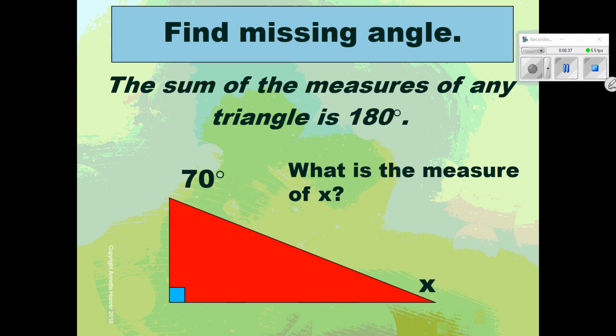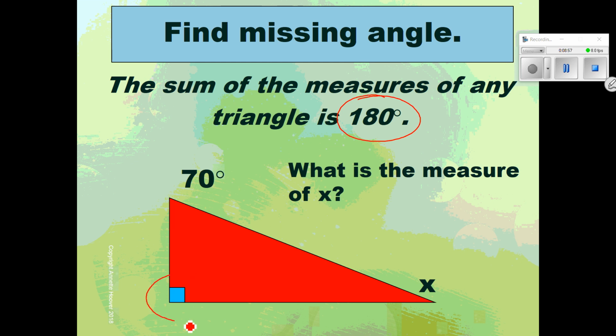Okay, now, knowing how to name them and these particular properties of triangles, we should be able to figure out the missing angle. Remember that the sum of all the angles in a triangle is always going to be 180 degrees. So if you look at this triangle, you're actually given two angles.